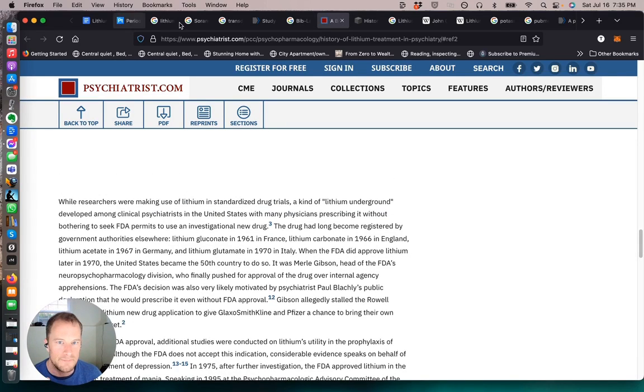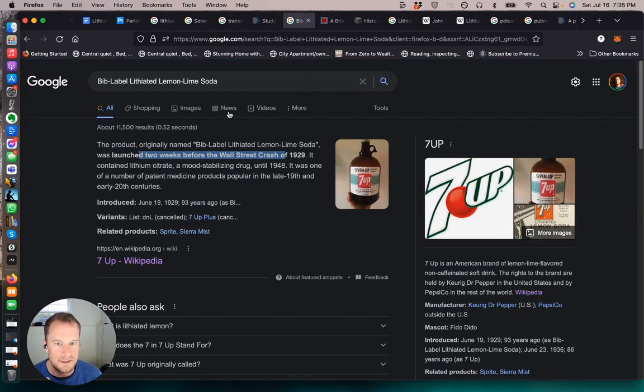It was originally called Bib Label Lithiated Lemon Lime Soda, released in 1929. It had lithium citrate as the primary mood altering substance, and then the lithium was taken out in 1948. But that's how 7-Up got its name, and that's how it got started.